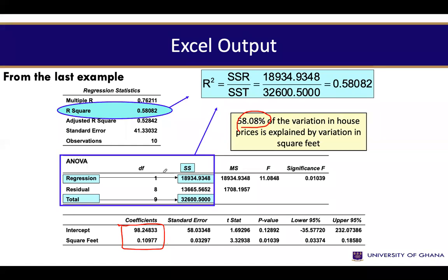Practically, you can have smaller R squares, 20, 30, 40%. It depends on how well the overall model fitness was done. But for us, as we are starting, let's stick to an R square of 50% or more.